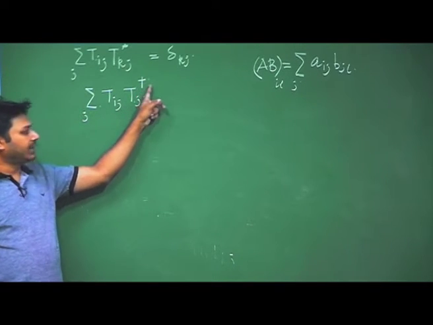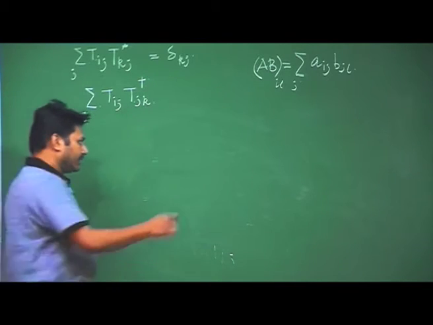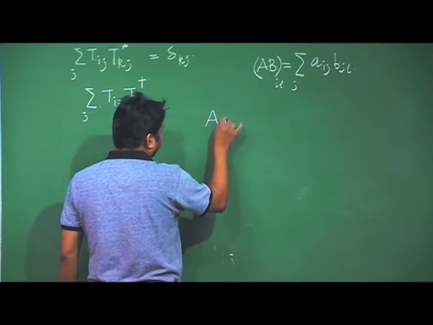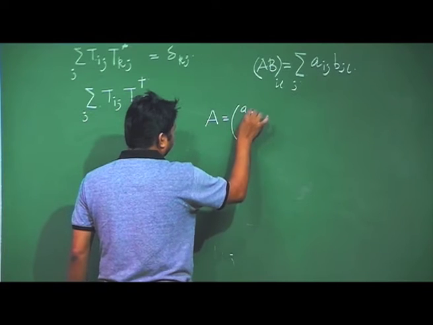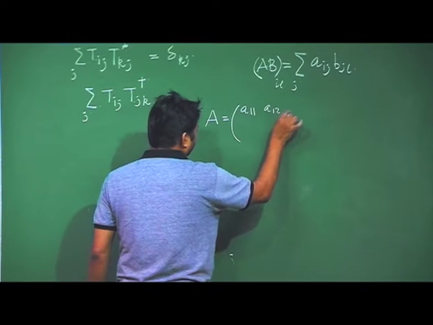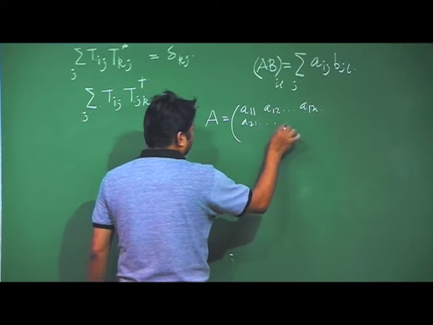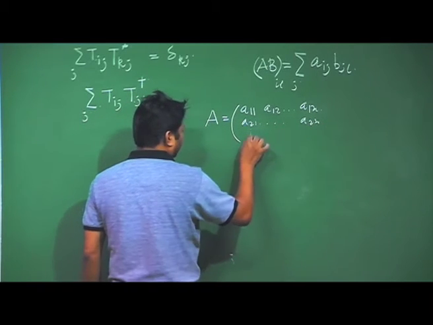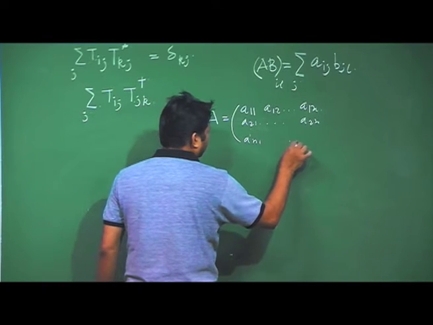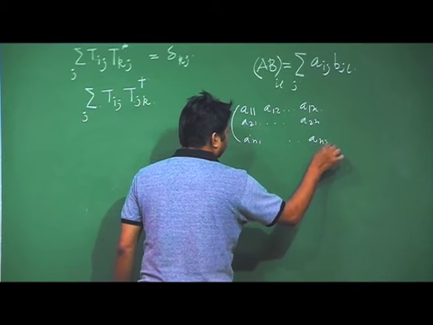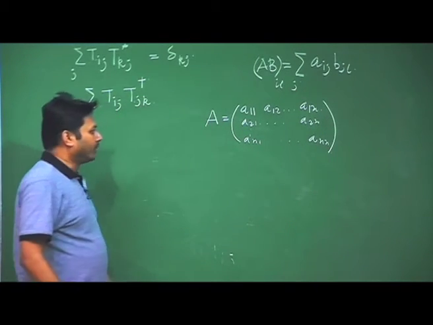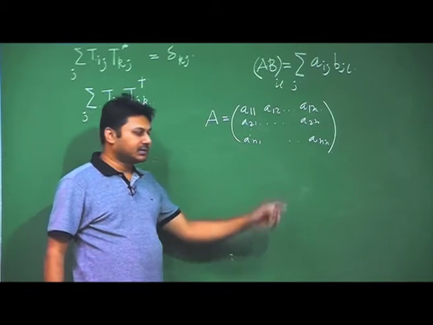What is the meaning of dagger? Let me explain quickly here. If a matrix A is A11, A12, up to A1n, A21, A2n, up to AN1, ANN, this is a matrix A, where these are the matrix components.